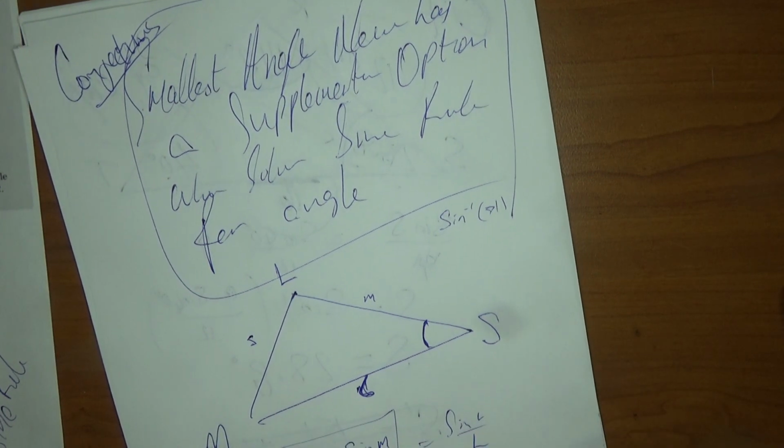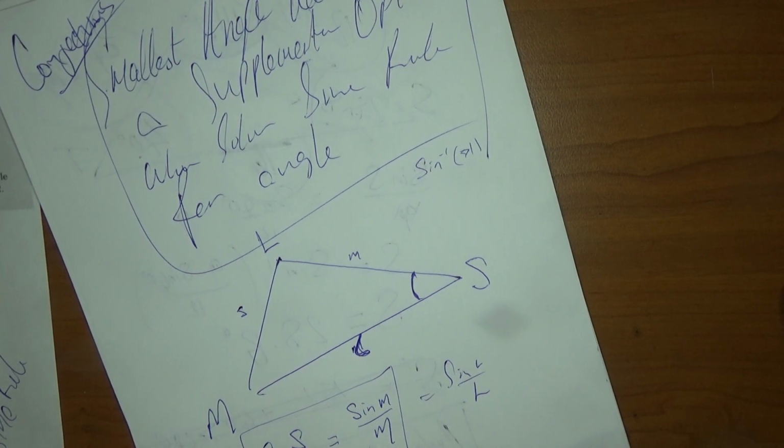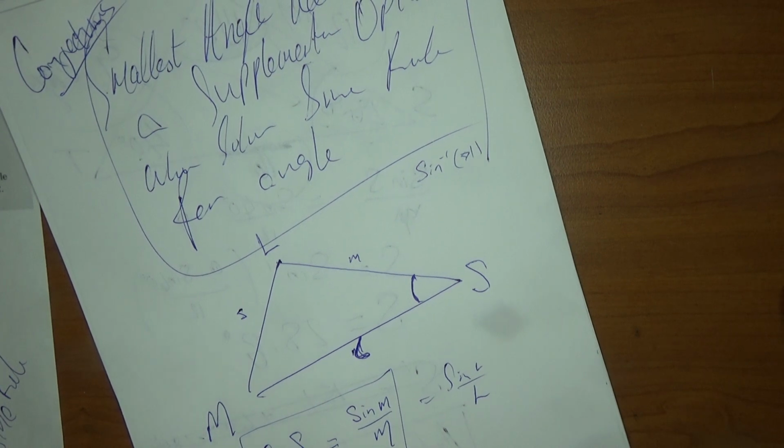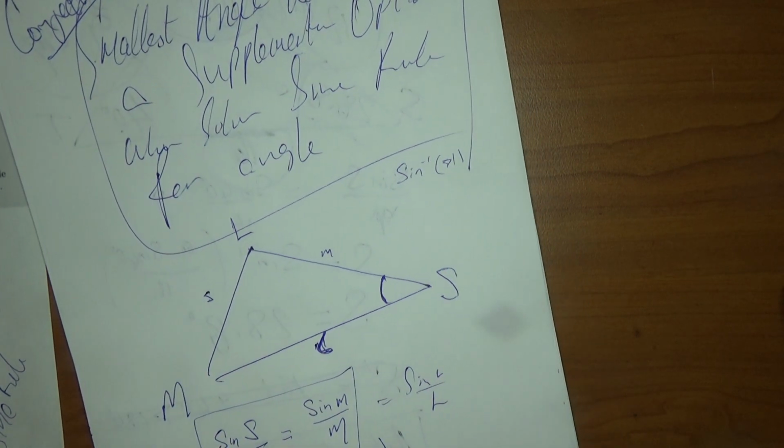Let's solve in this case first. Angle S will be equal to the inverse sine of little s times sine of M over the medium side. Holy cow, what's going on here?